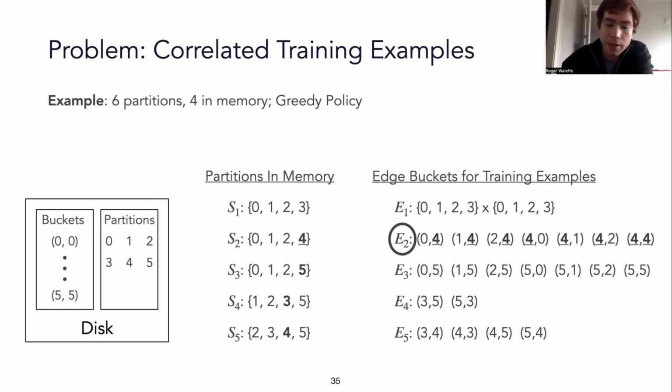For example, if we look at E2, all edge buckets, and consequently all edges assigned to create mini batches during this part of training, contain nodes from the partition which was just brought into memory, which is partition 4 in this case. Thus, the entire set of mini batches focuses on edges which contain only a small subset of graph nodes. And this lack of randomness in the order edges are processed each epoch biases the training of GNN models, which contain shared parameters that are updated during the SGD backward pass for every mini batch. And it's one of the key reasons for the accuracy drop we saw earlier.